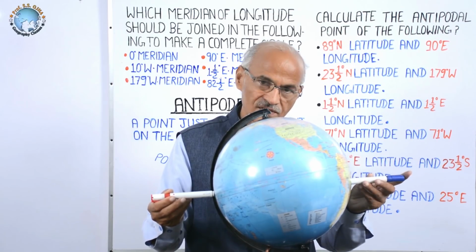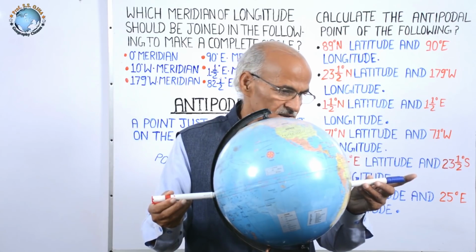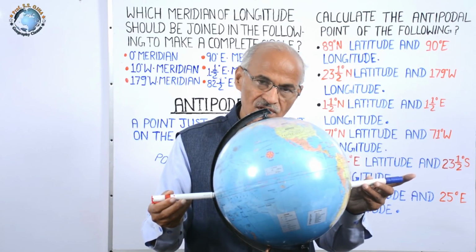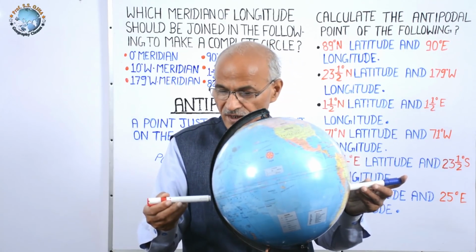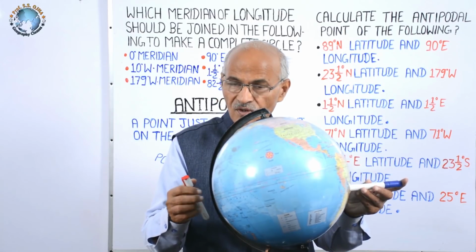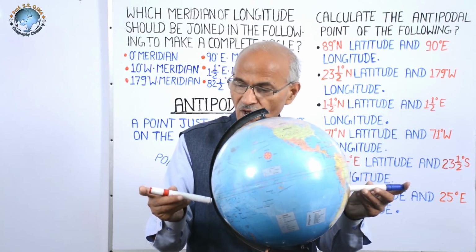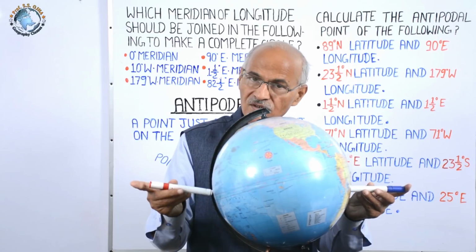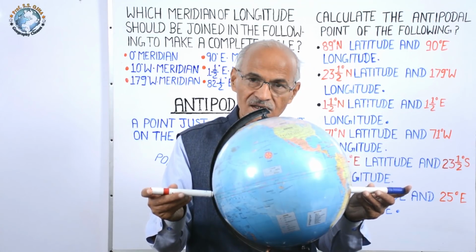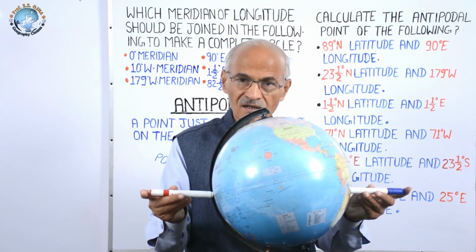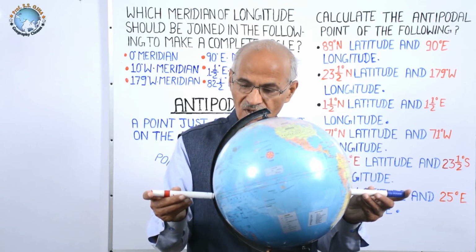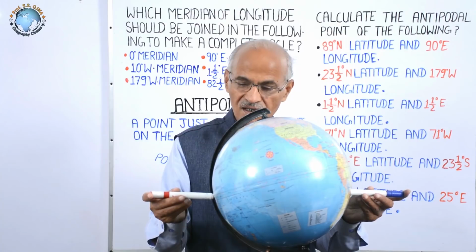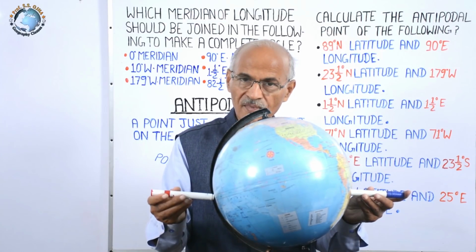But for this person, this is zenith, swarg and jannat. And for this person, this point will be antipode, and the points above its head will be nadir, narak and jahannam. But here we have to understand the concept of antipode.